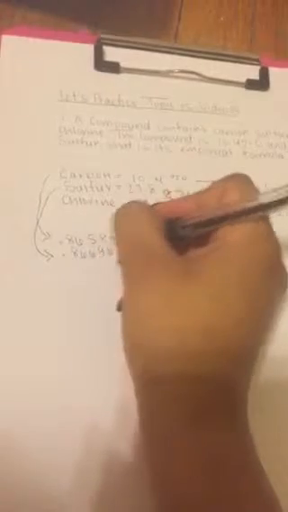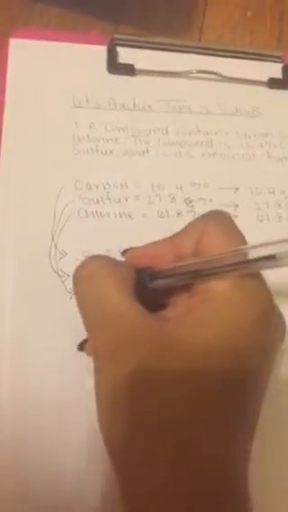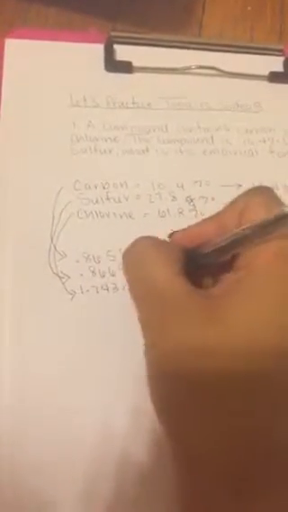Sulfur is going to be right here, and sulfur is going to be 0.8669618911. And chlorine is going to be down here at 1.74315297. Okay, so that's what we have so far.